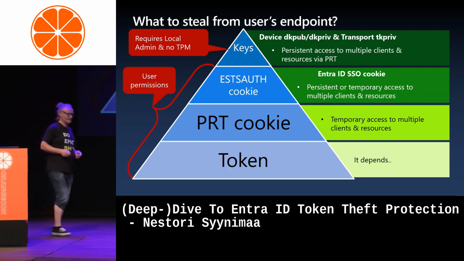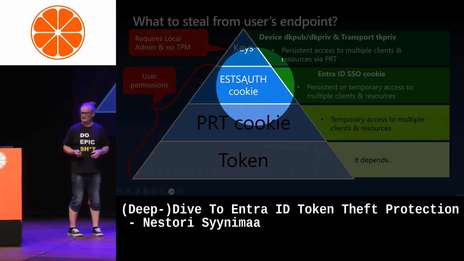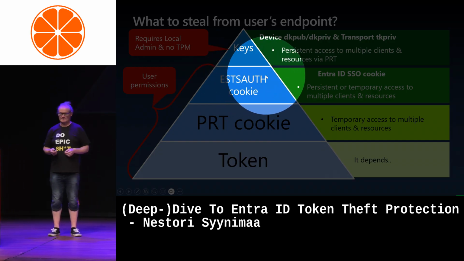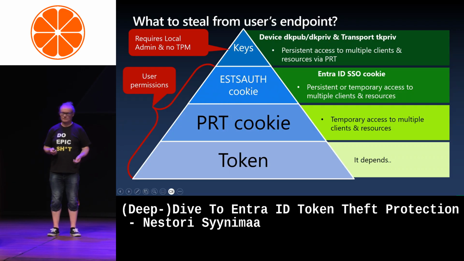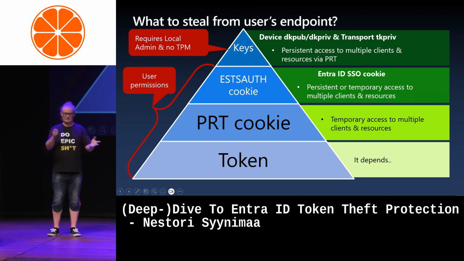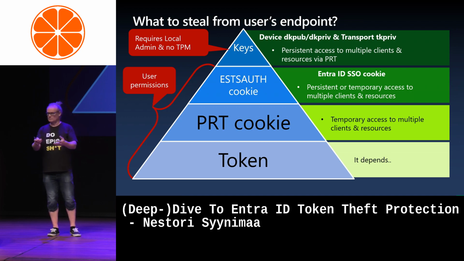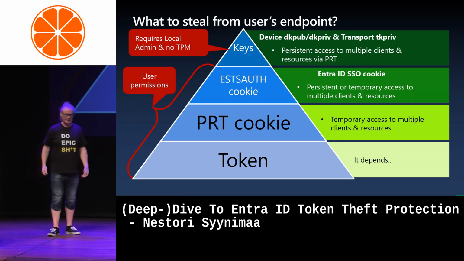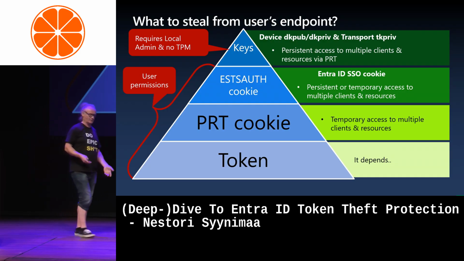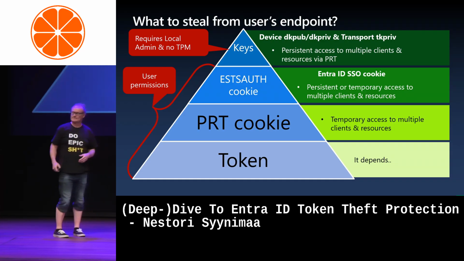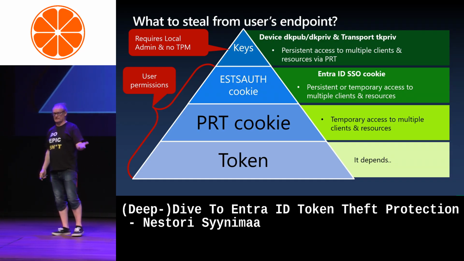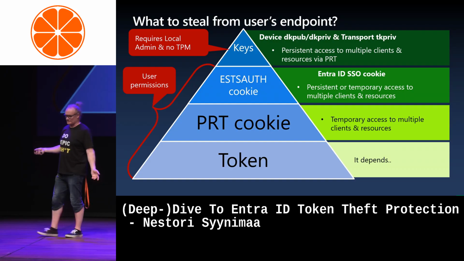Otherwise, if you have only user permissions, what you can steal is the ESTS cookie. That's like a single sign-on cookie for Entra. If you have that, you can get access to any service as you. Then we have a thing called the PRT cookie. I won't go into details, but that also allows you to get access to pretty much anything. And then we have those tokens. There are different types of tokens.